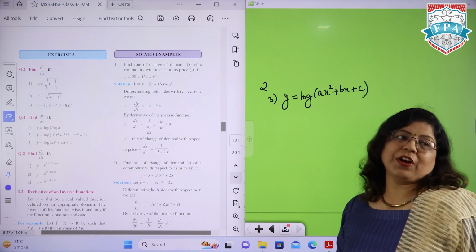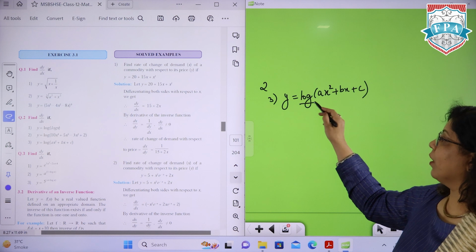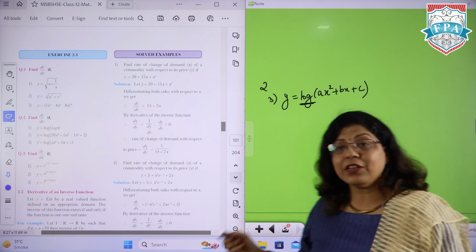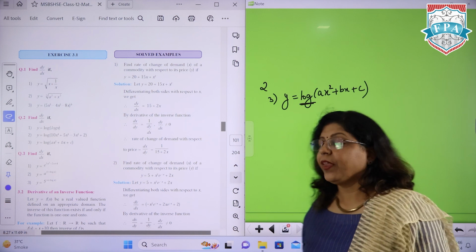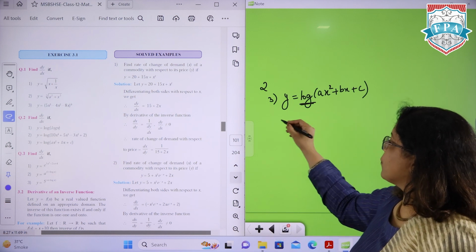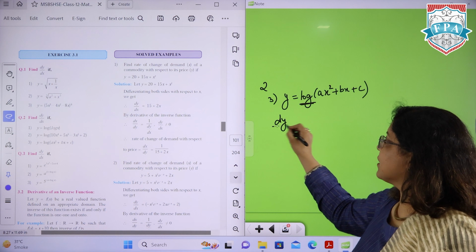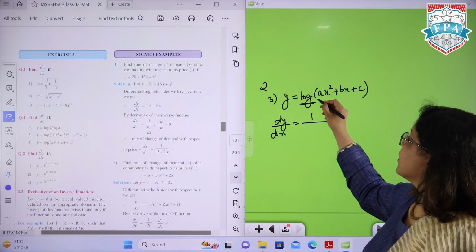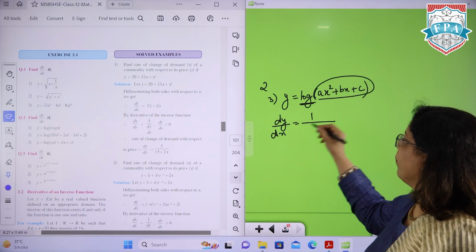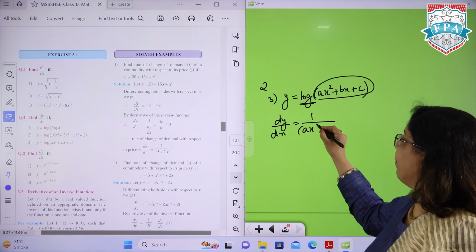The basic function over here is log, so first we'll differentiate the log part. When we differentiate with respect to x, dy by dx becomes 1 upon this whole thing, which is your x now. So this whole thing will come down.